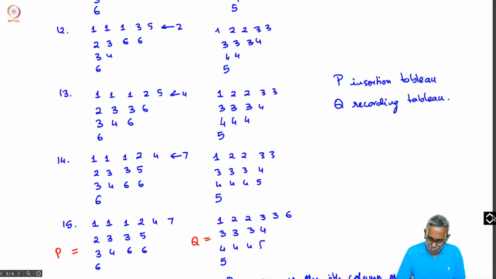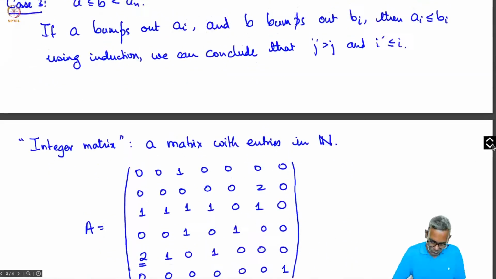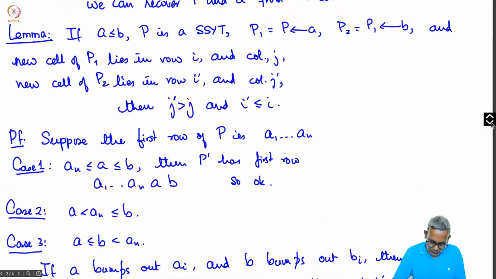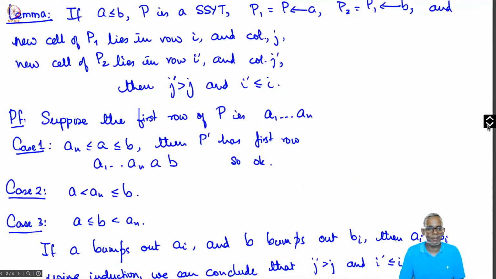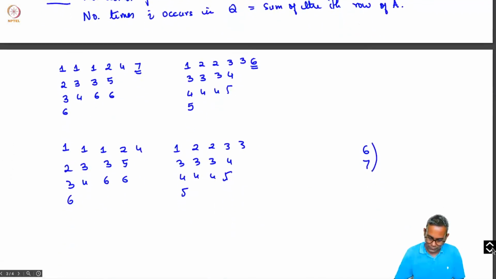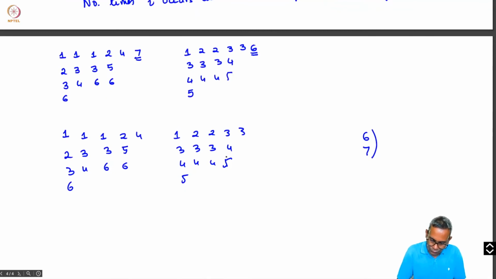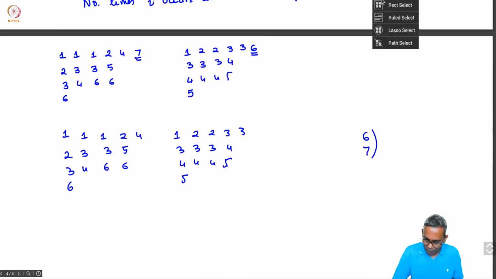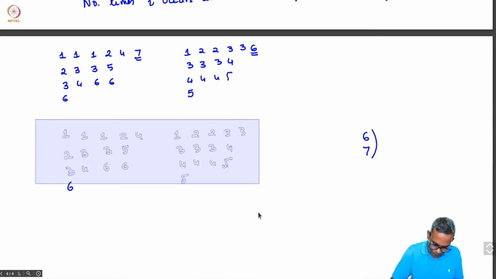We've already shown in this lemma, and that was in fact the purpose of the lemma, that if you insert A and B where A is less than or equal to B, then the new box created by B lies strictly to the right of the new box created by A. And so we must look for the rightmost box containing a 5, and that would be the box that was added last.